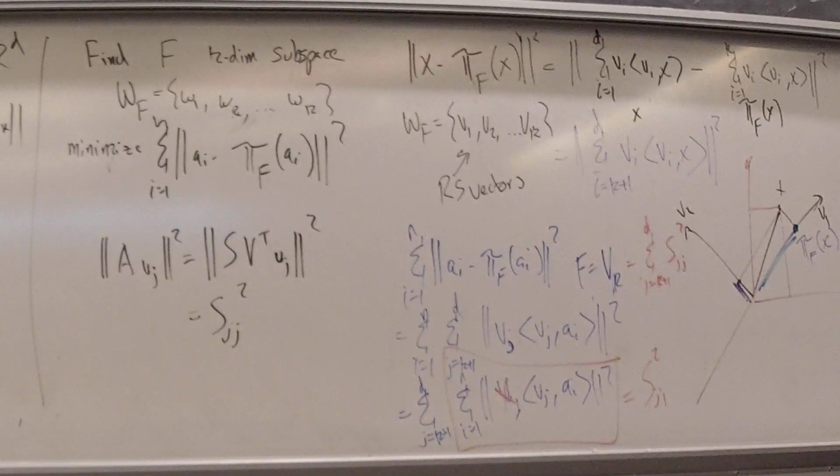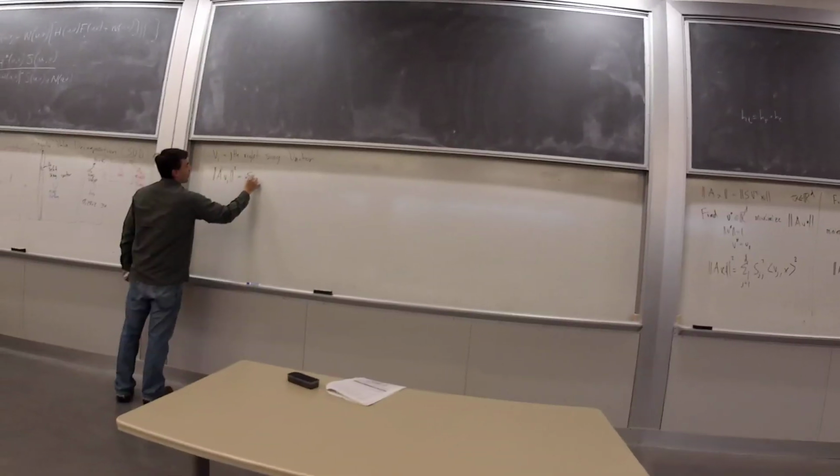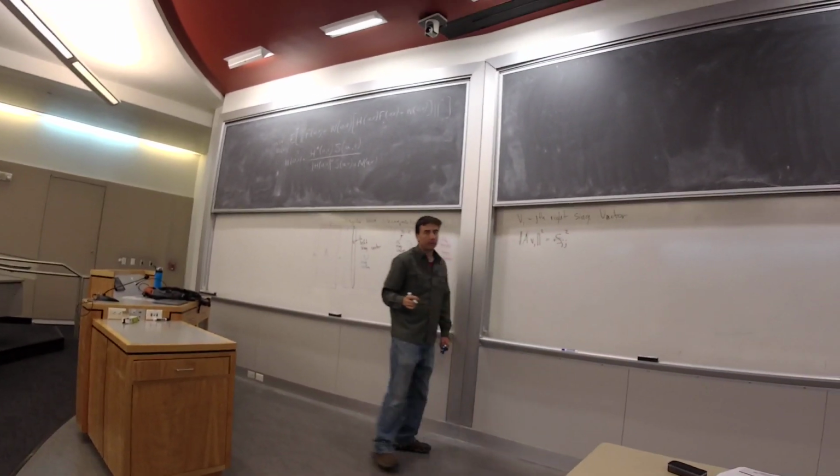Where vj is the jth right singular vector, the norm of A vj squared is going to be equal to sjj squared.